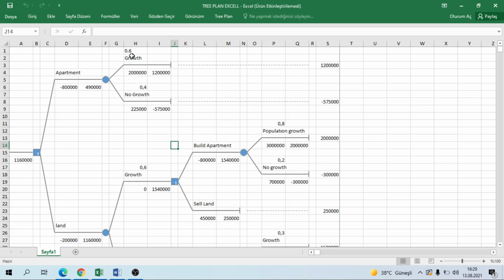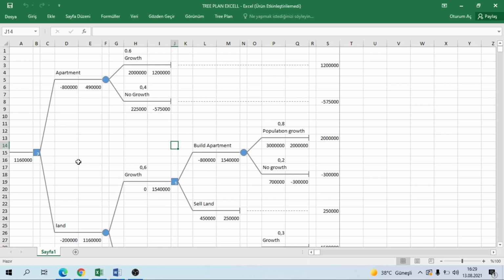As you can see, the decision option is selected at the node in the tree plan. When they created the tree plan, depending on the branch chosen, as you see, apartment and land, the decision maker reaches probability nodes 2, 3, and 4, where one of the states of nature will prevail and result in one of 6 possible payouts.